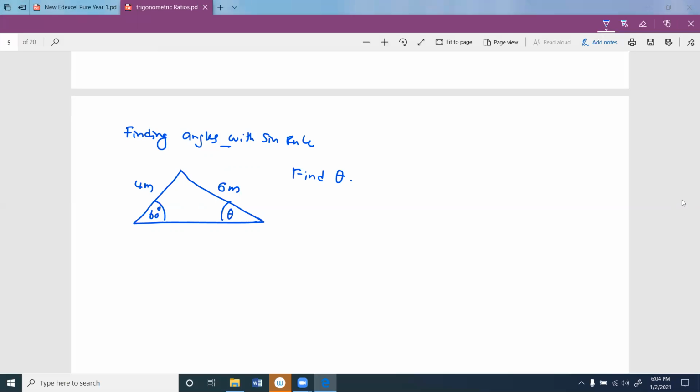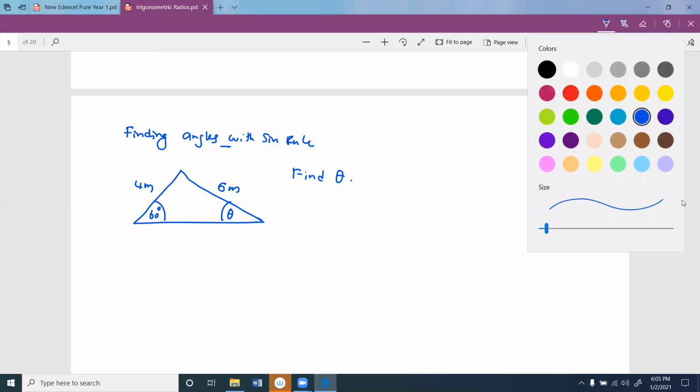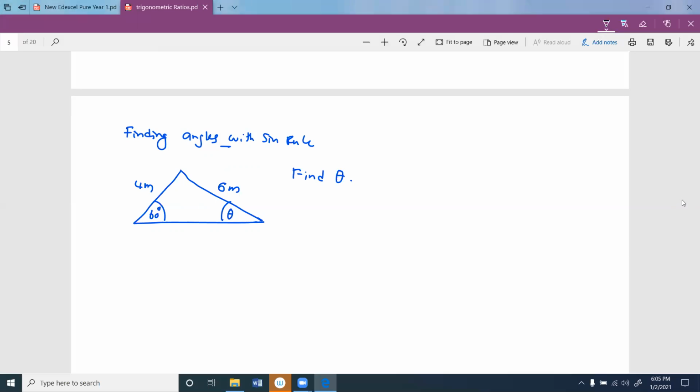This, as we mentioned in the previous question, is pretty simple. So you can apply the sine rule. You are following the same procedure with a bit of extension. So you can write, apply sine rule.